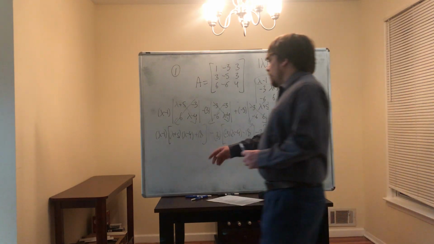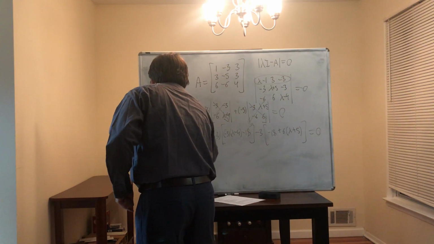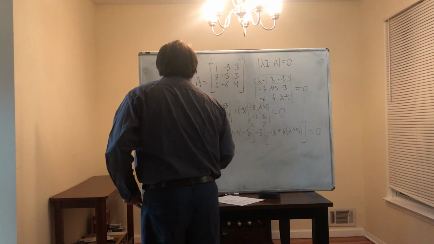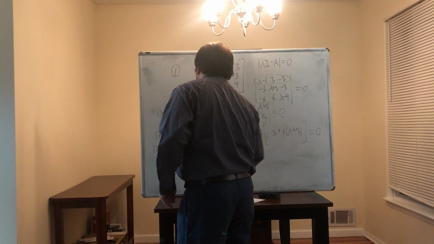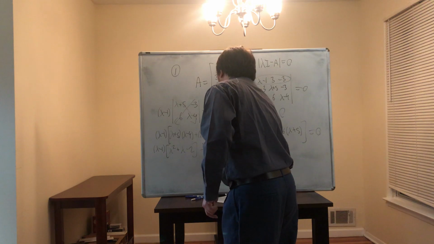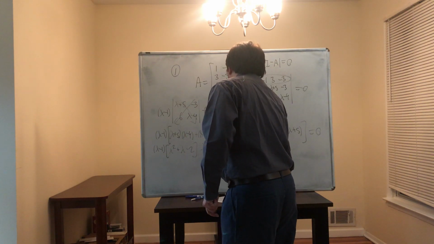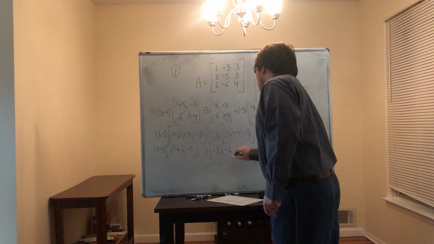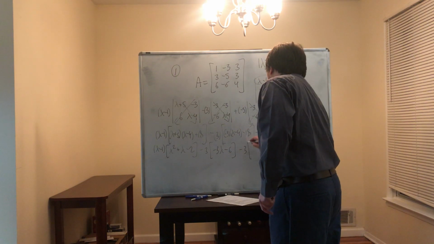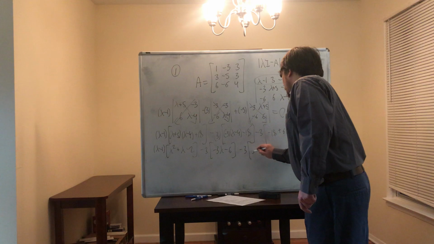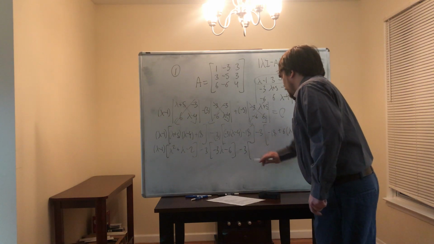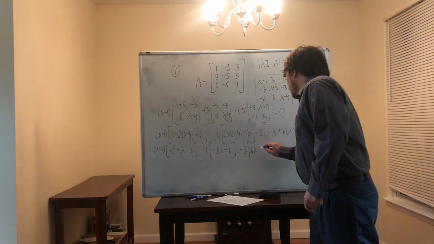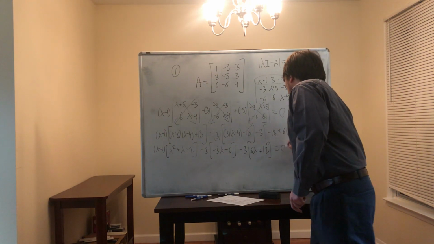Now simplifying this further, this is lambda minus 1 times lambda squared plus lambda minus 2. This is -3 times -3 lambda minus 6. This is -3 times 6 lambda here, not 36, this is 6 lambda here, and then there's a 30 minus 18, and that's a plus 12, and that's equal to 0.